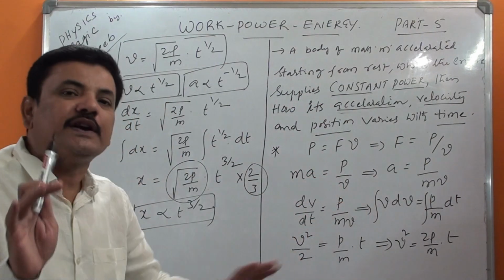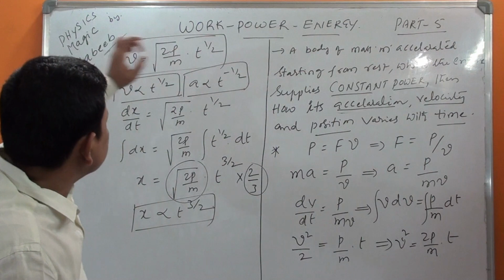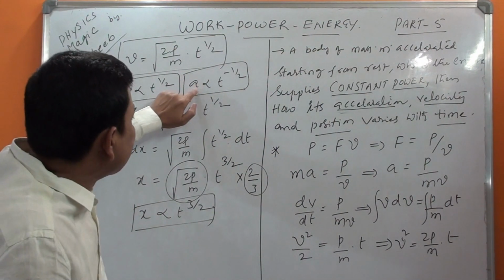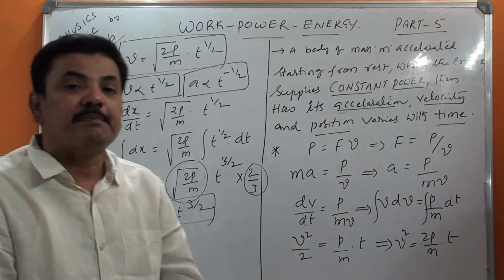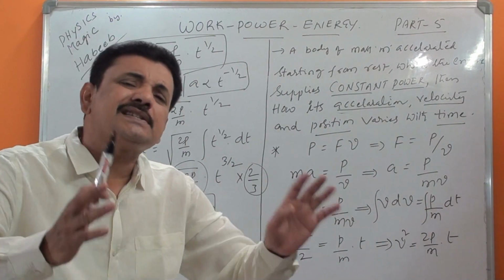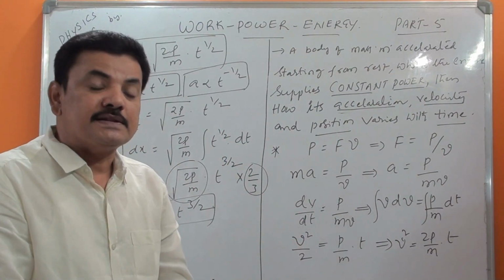All this derivation was for your understanding, but you remember only these boxes. Velocity is directly proportional to T power half, acceleration is T power minus half, and distance is T power 3 by 2. If you remember these three, you will get 4 marks just like that. Just keep this in your mind and practice once again.